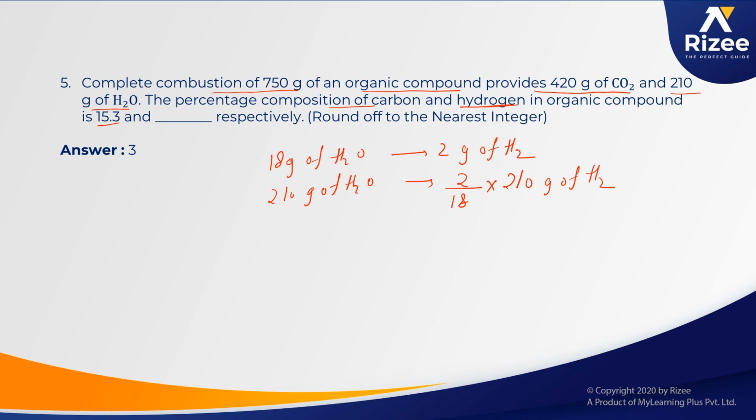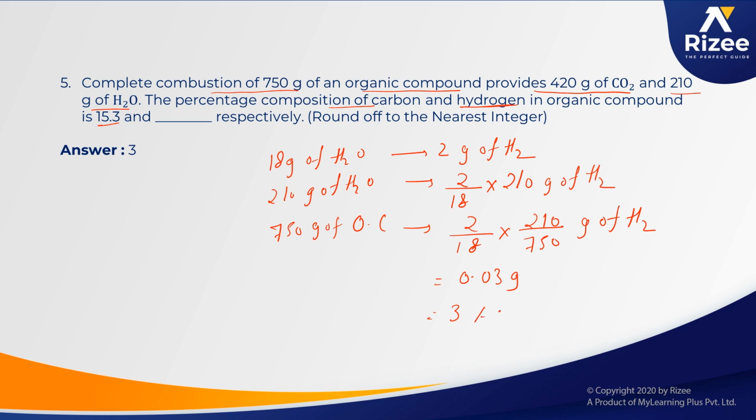So 750 grams of the organic compound will contain 2 by 18 into 210 by 750 grams of hydrogen, which you will find as 0.03 grams. So in terms of percentage, we can write that 3% of hydrogen is present in the organic compound.